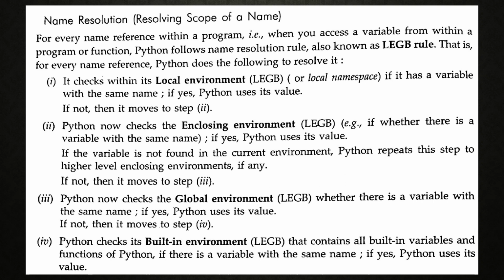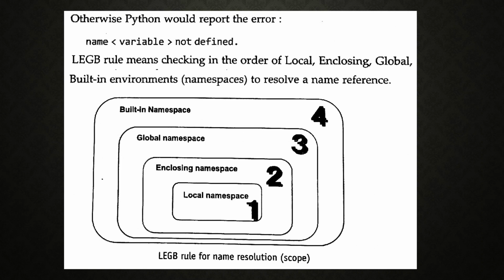If not, it moves to the next higher level, the global environment. If it is there, then it is okay. If not, Python checks its built-in environment. That means LEGB. If not, it will report an error that indicates an unknown variable, or variable is not defined.